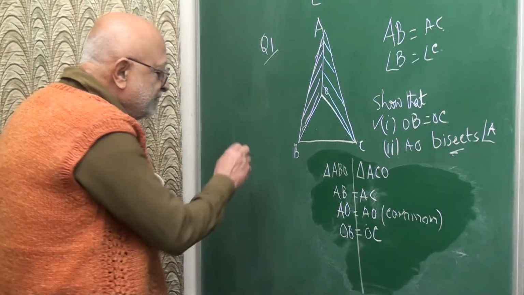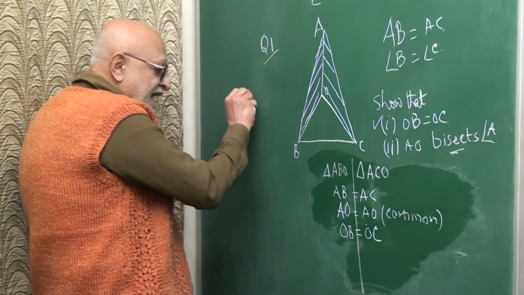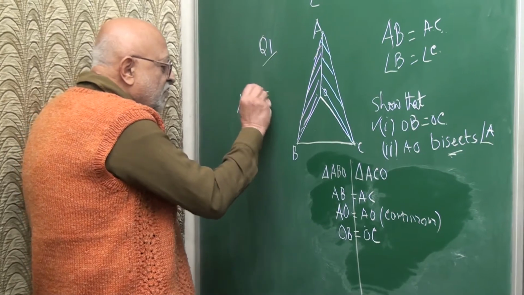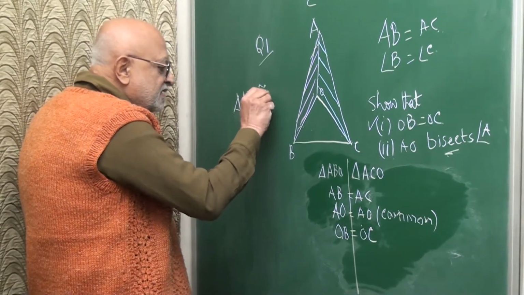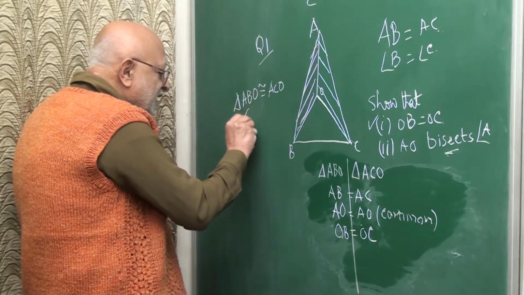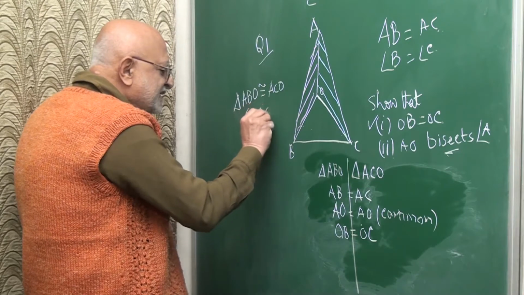That means I can easily say that triangle ABO is congruent to triangle ACO by SSS axiom.